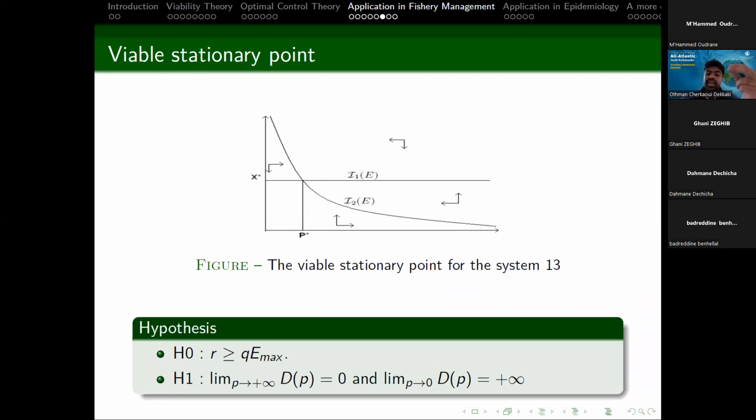H0 says that the harvest should be sustainable: the growth of the fish stock should be bigger than how much we're going to catch at a maximum level, meaning that at no time will we deplete the fish stock more than what it could rebuild, so we always have a sustainable activity.